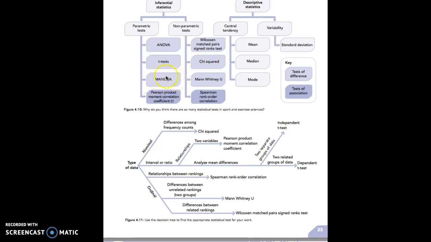The MANOVA and ANOVA tests use a lot more sets of data, but the t-tests use only 2 sets of data, and we are looking at basketball and netball, so we know we are using 2 sets of data.